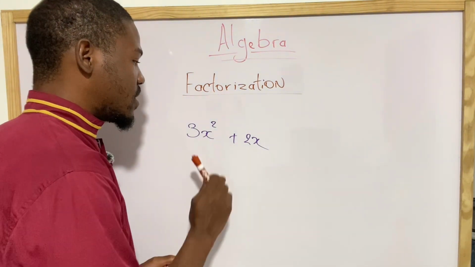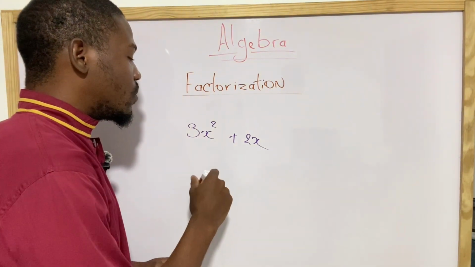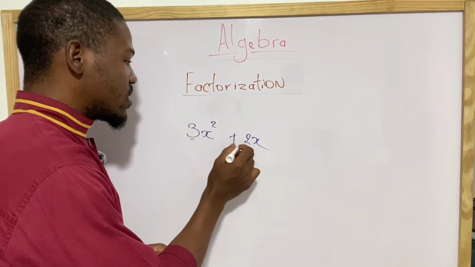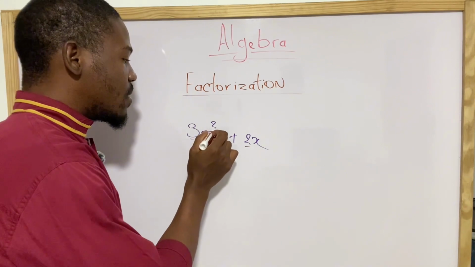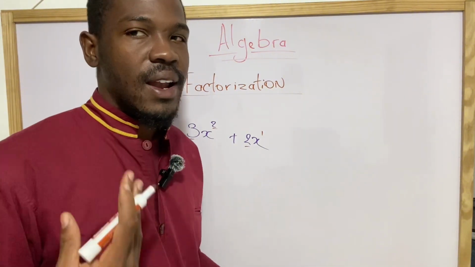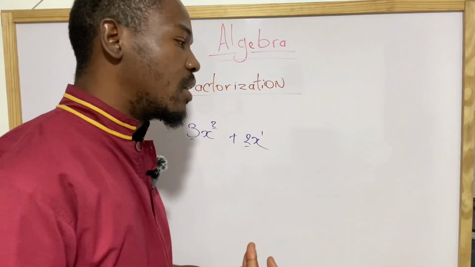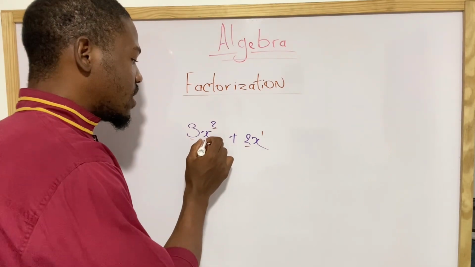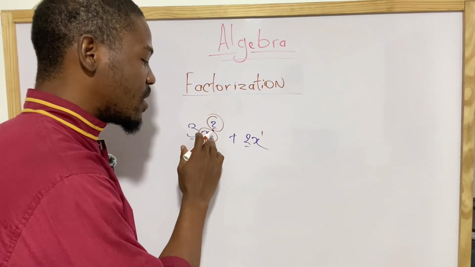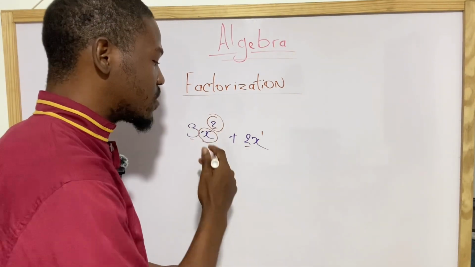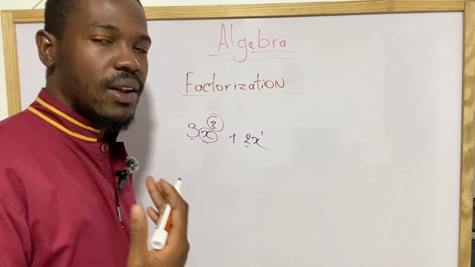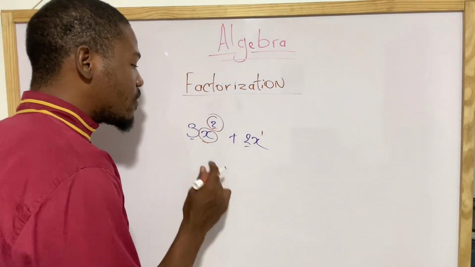Now, looking at this, what you'll notice is that the difference between these two, yes, the coefficients are different, but if you look carefully, one has an index of 2 and one has an index of 1. In identifying like and unlike terms in algebra, the main thing that you need to focus on is the variable and the power. Okay, so our variable is x.